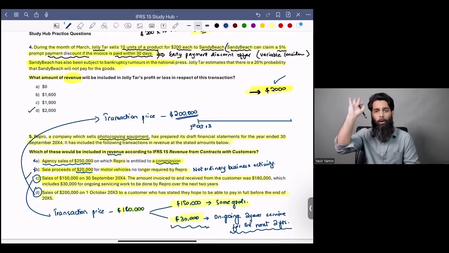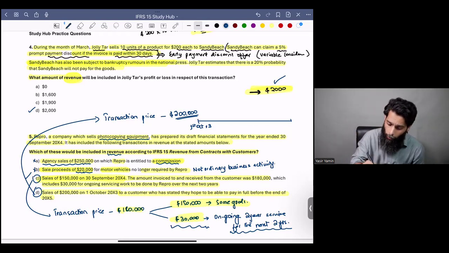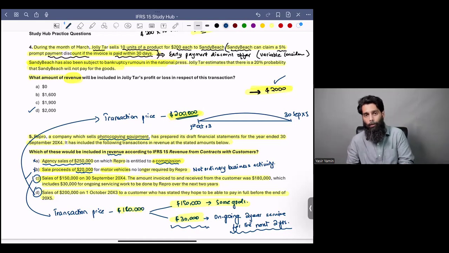We delivered the goods to the customer and made a contract for $200,000. And the customer says that I'm going to pay you before the end of X5. So let's say the customer says that I'm going to pay you on 30th September X5. That is at least 2 years from now.